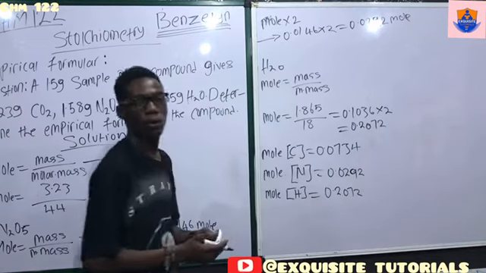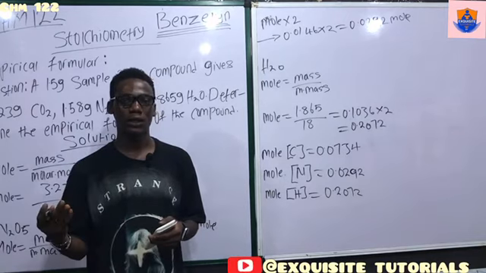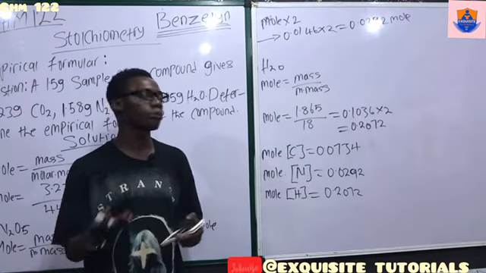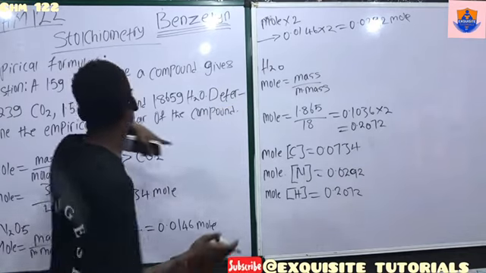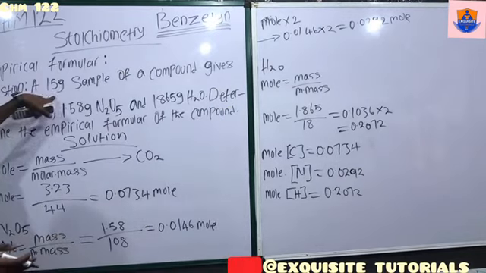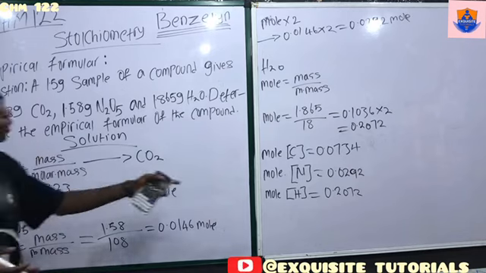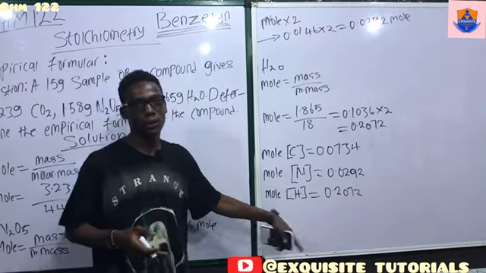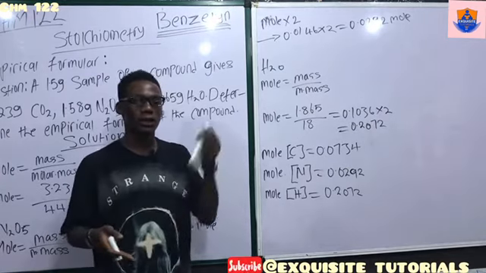Now we're going to work on the masses, in order to find the mass of each element in the sample. Now they are already in moles, so we have to convert all of them to mass to know the mass of each element in the sample.